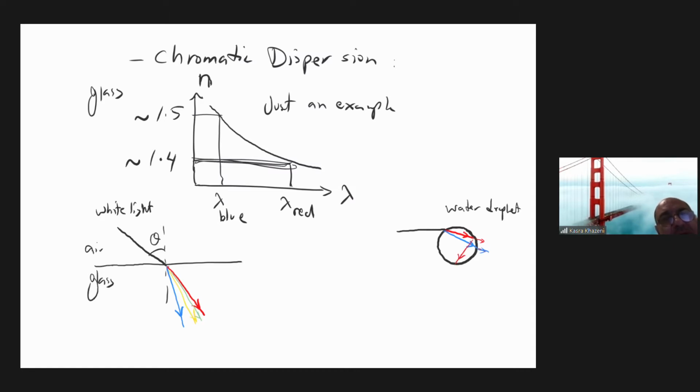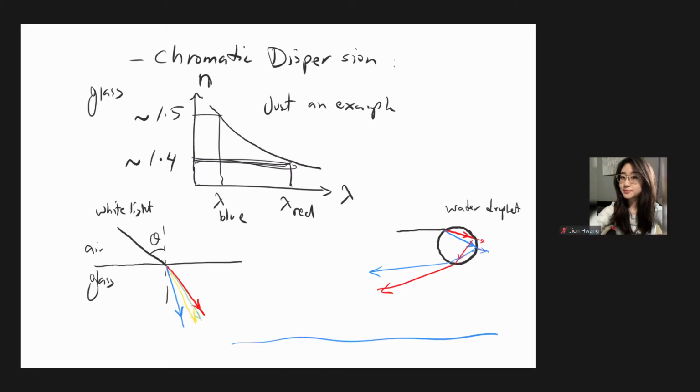What happens is that the colors will separate from each other like so, and your eyes will see the color separation.